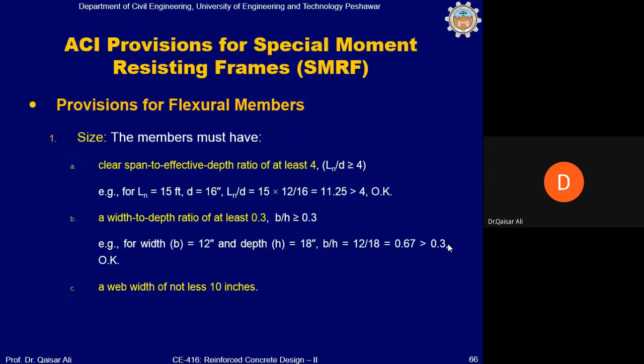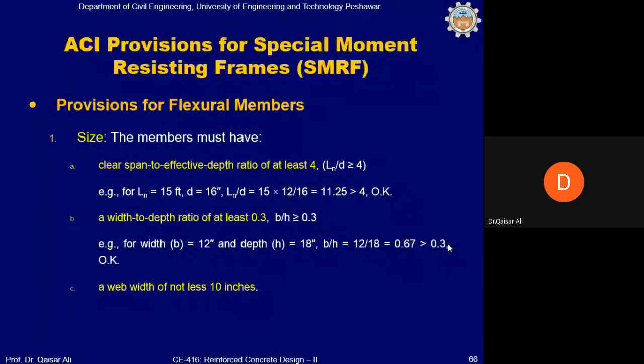From this provision, the ACI code wants to make sure that some kind of slender behavior, which will result from a narrow and deep beam, is avoided. Narrow, meaning when the width is small and the depth is more, this may create slenderness of the beam along the depth of the beam, not along the length of the beam.